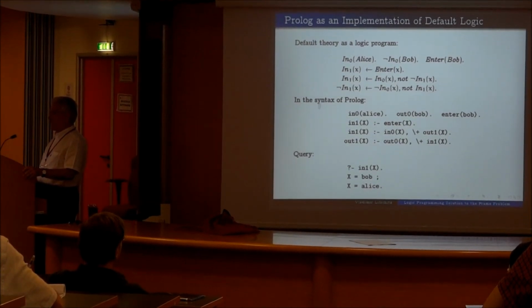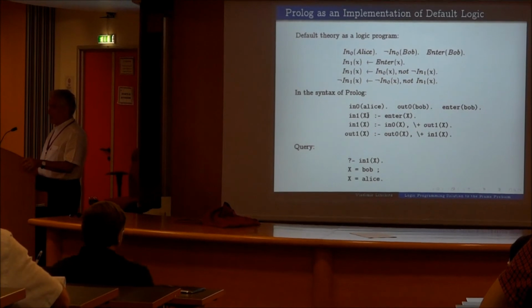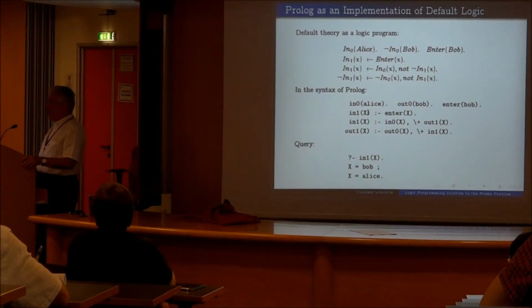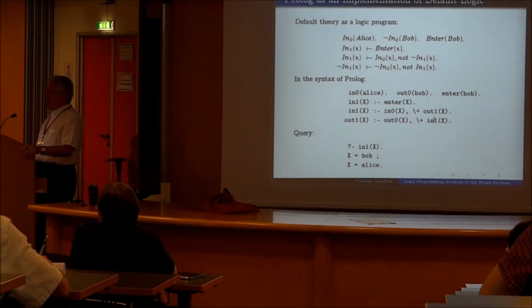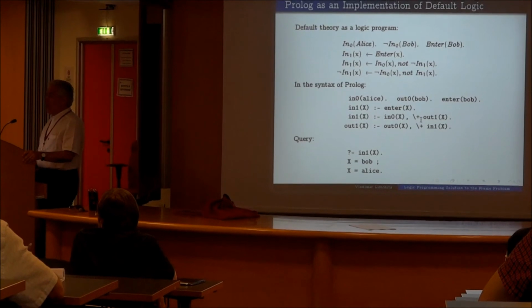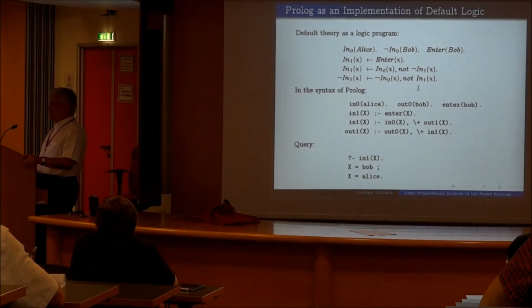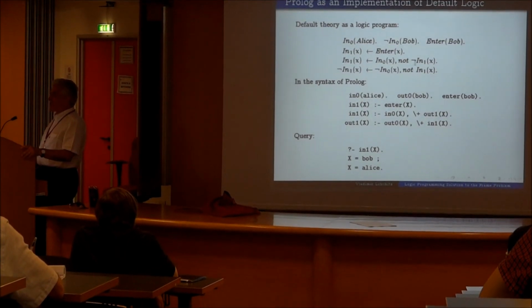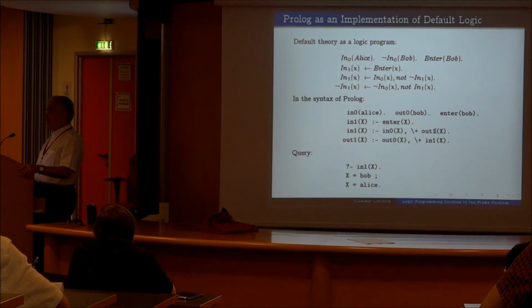Besides some trivial things like using capital letters for variables as Prolog requires, and not using subscripts because we want an ASCII file, and switching from NOT to \+. One slightly more essential change is that we have to replace the classical negation symbol, which is not available in Prolog, by a different predicate.